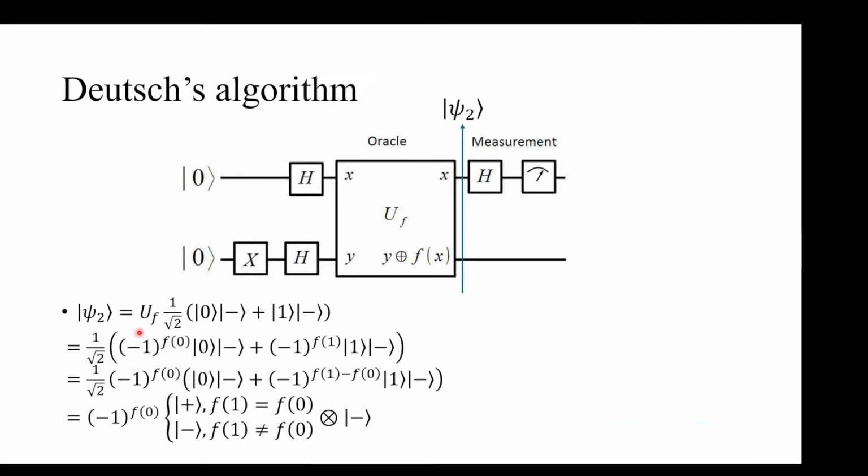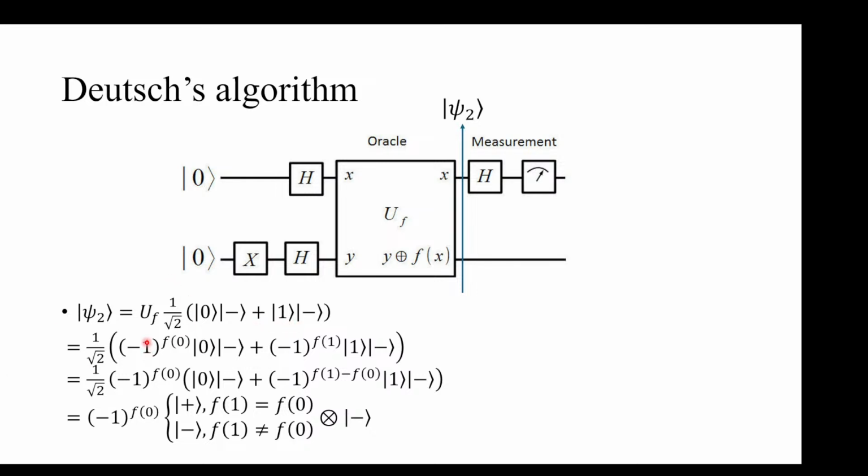Okay, and so we got those two things, and now we can clean up these things a little bit. So we take out minus 1 to the f of 0, so now it's an actual global phase. Okay, so you see that those two phase factors are actually not quite global because they are in different components of this quantum superposition.